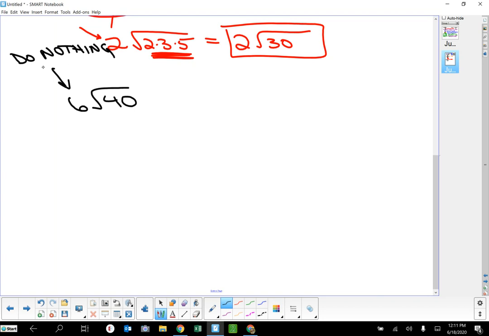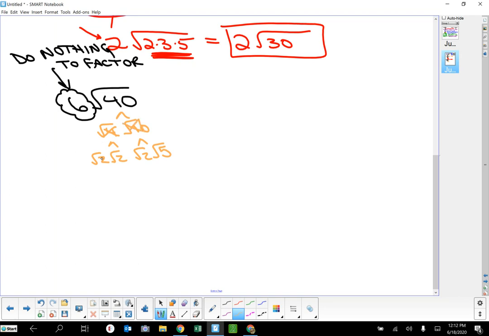as far as breaking it down. You just leave him alone because he's not under a square root. So we're going to leave him alone for now and only deal with the 40. So this is going to be rad 4, rad 10, rad 2, rad 2, rad 2, rad 5. And I can't go any further. So these will give me a 2.